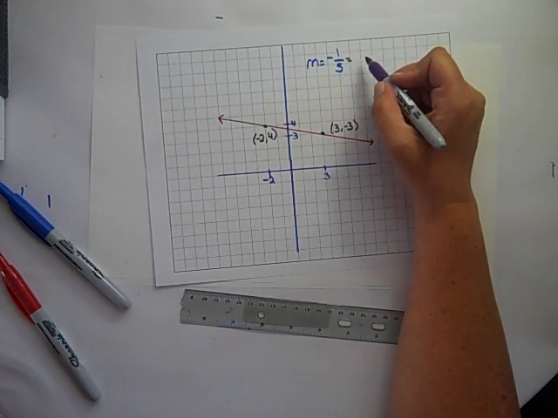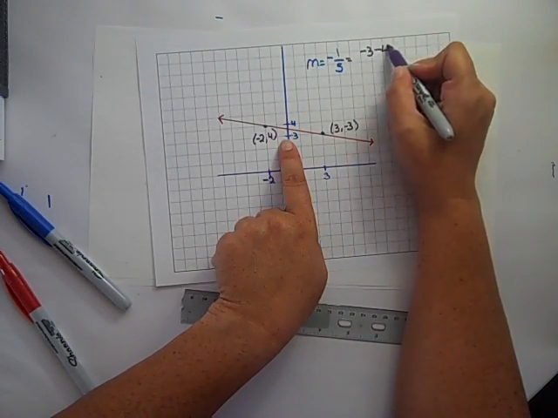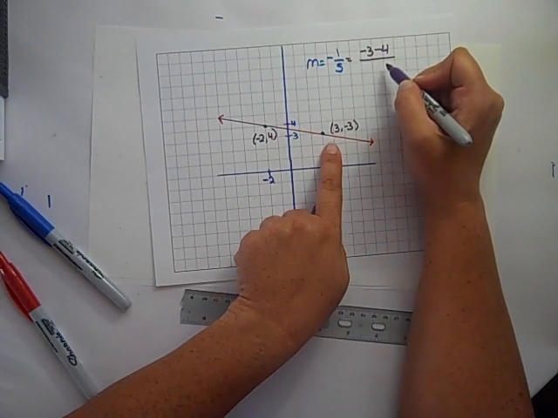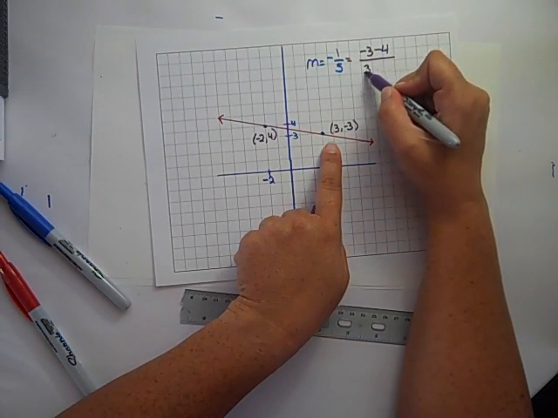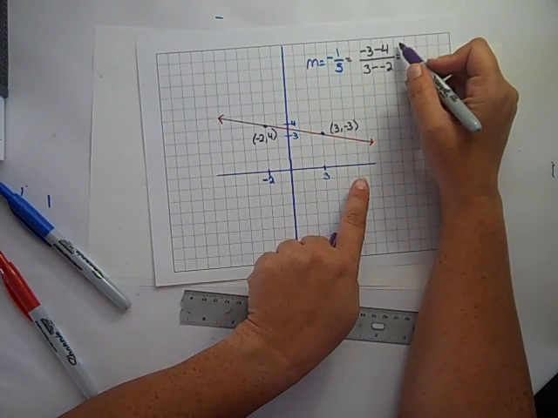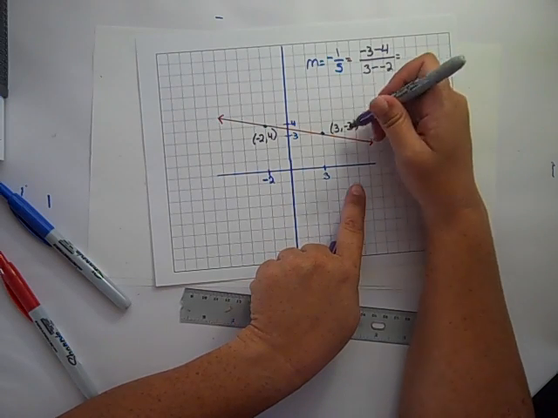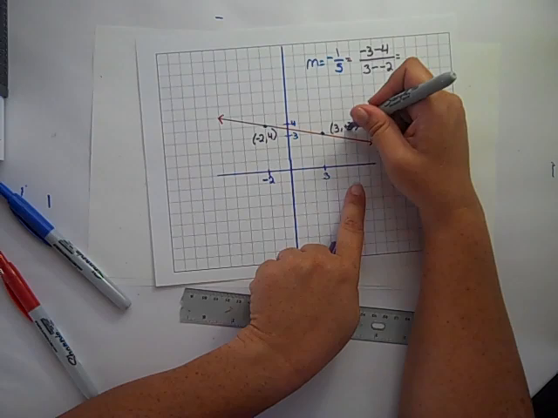So our change in y is -3 minus 4, and our change in x is 3 minus -2. Oh, that's a +3, that's what happened.